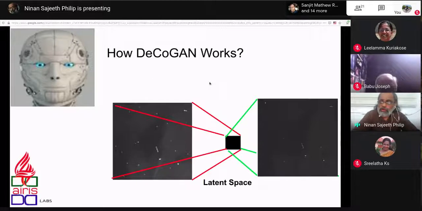If it says no, the generator goes back, adjusts some of its internal parameters, brings forth a new image, shows it to the discriminator, and sees whether it passes or not. This process is repeated for hours, days together, until the generator is able to convert all the images of the ground-based telescope into something that looks very similar to the space-based image.